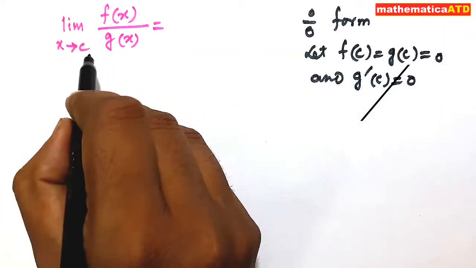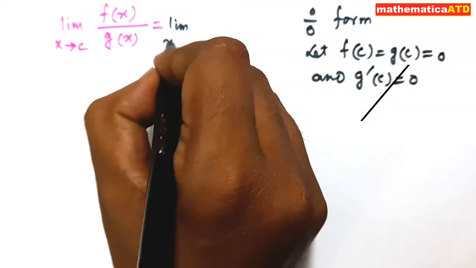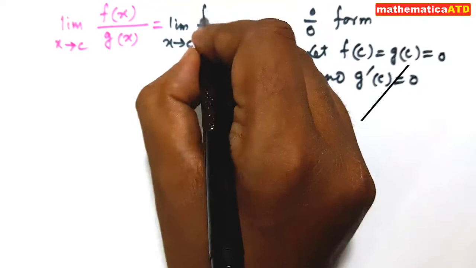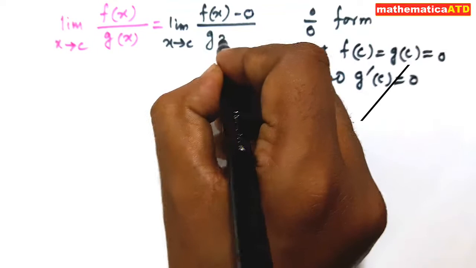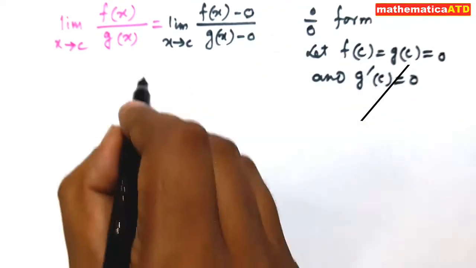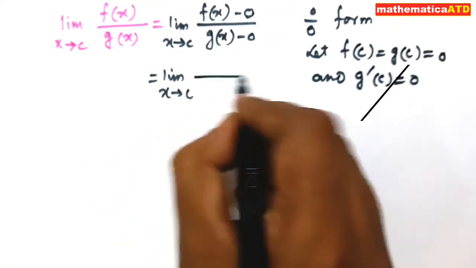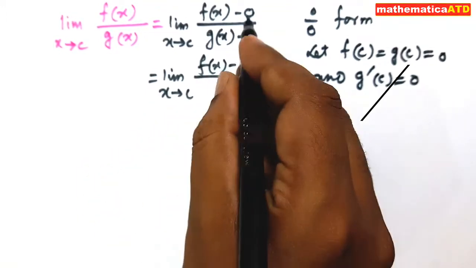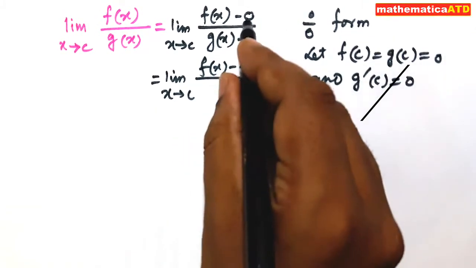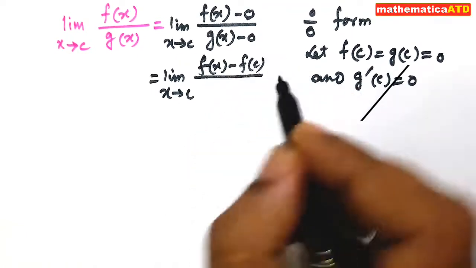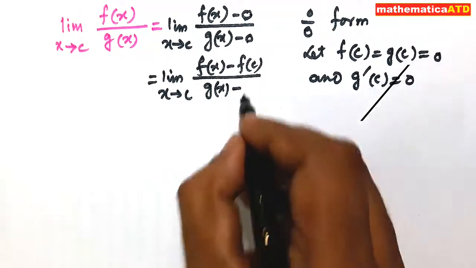Then limit as x tends to c of f(x) by g(x) is equal to limit as x tends to c of f(x) minus 0, we can express this way, divided by g(x) minus 0. What is 0? 0 is equal to f(c), so replace the 0 by f(c), divided by g(x) minus 0, where 0 is equal to g(c).